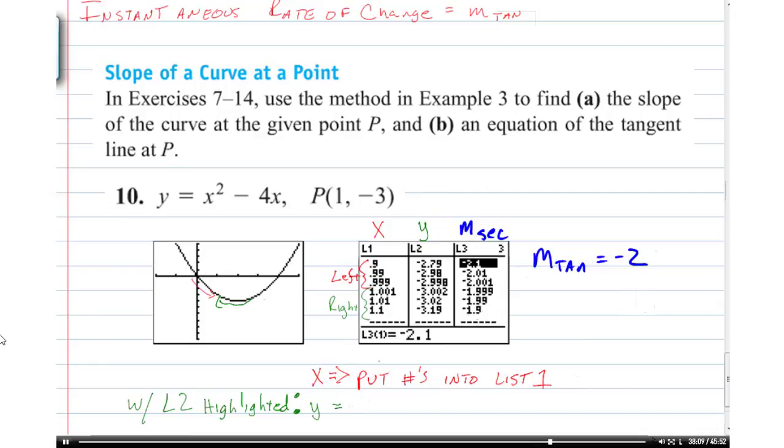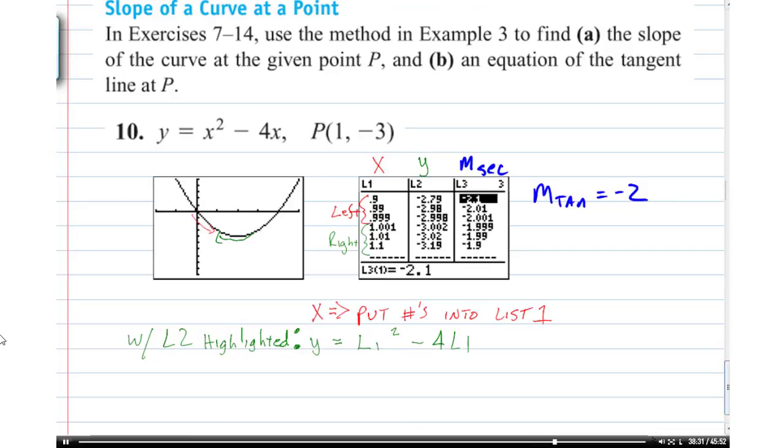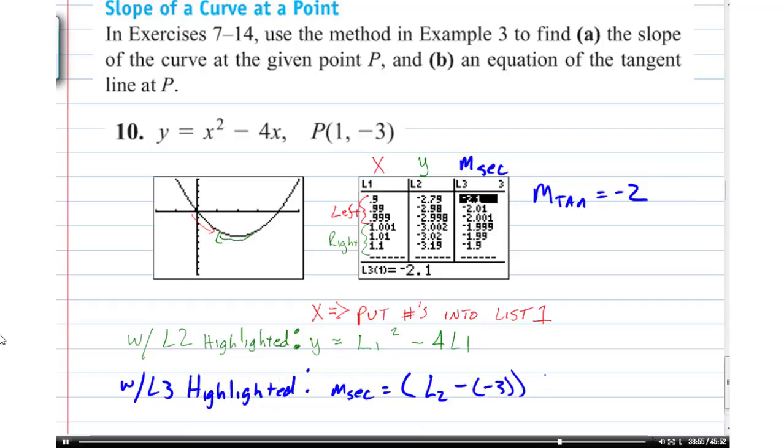We have y equals L1, which you get by hitting second 1, because right above the 1 it says L1, squared minus 4 times L1. And then for the slope of the secant line, with L3 highlighted, the slope of the secant line is equal to open parentheses, L2 minus -3, divided by L1 minus 1, and then close the parentheses. Does that help? Changing y over changing x.